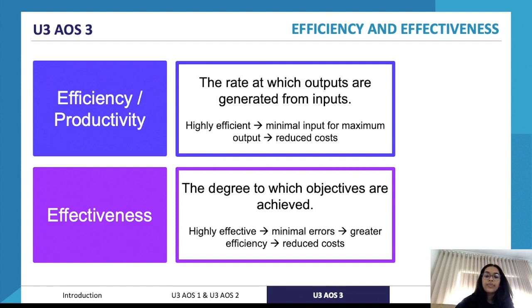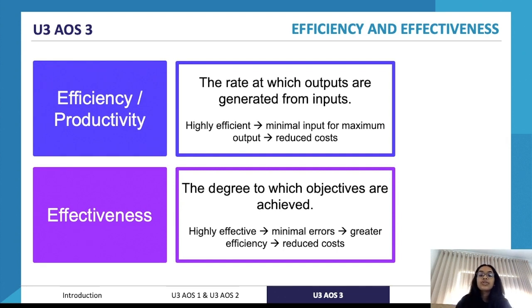So if we're being highly efficient, that means that we're using less inputs for more outputs, and that means we're reducing our costs. For example, if we have efficient employees, the input that they're using less of is time, and they're creating more outputs for that.